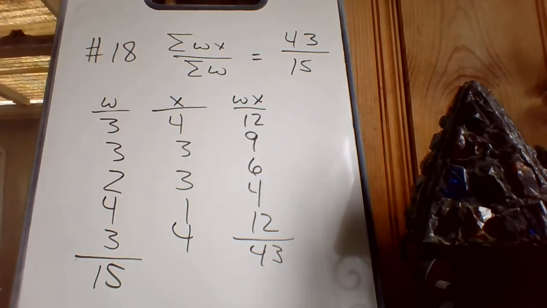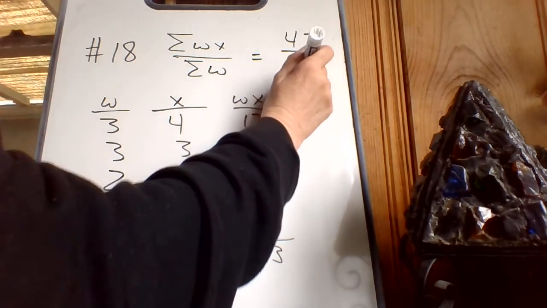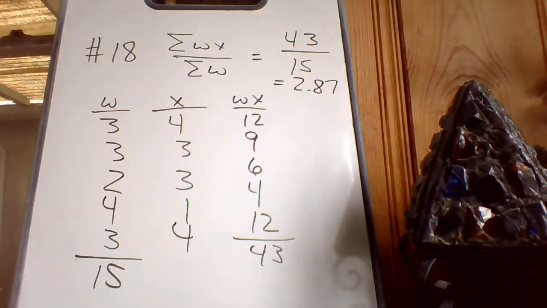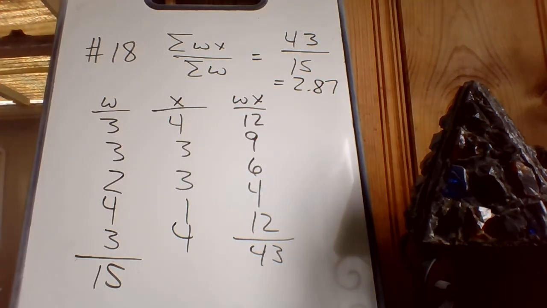So now if I want my GPA, if I divide that out, 43 divided by 15 is 2.8666. All right, we'll call that 2.87. So that'd be your GPA at that point, is a 2.87. Okay, so when you're doing homework for number 18, you just basically copy that over again.